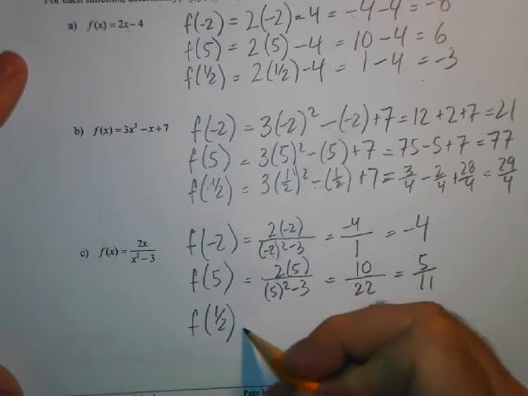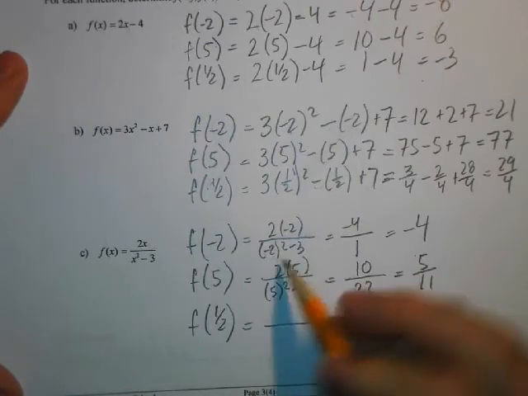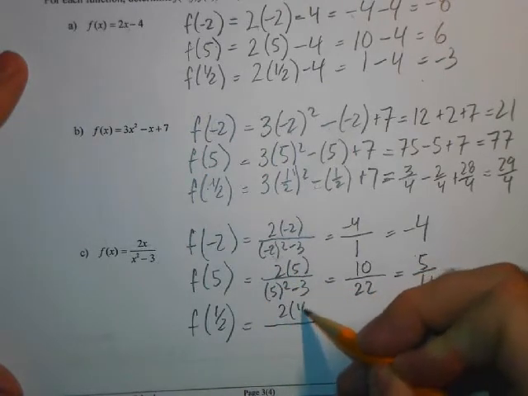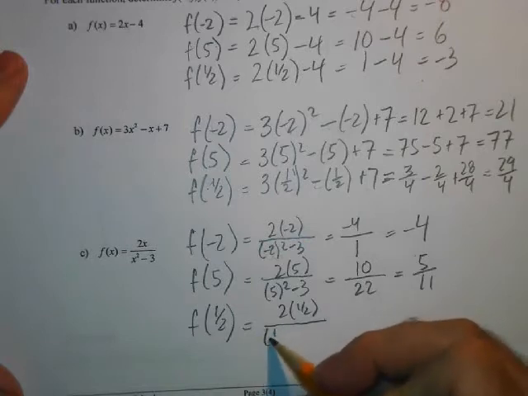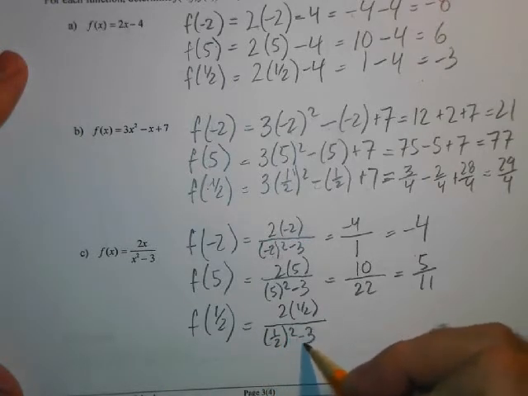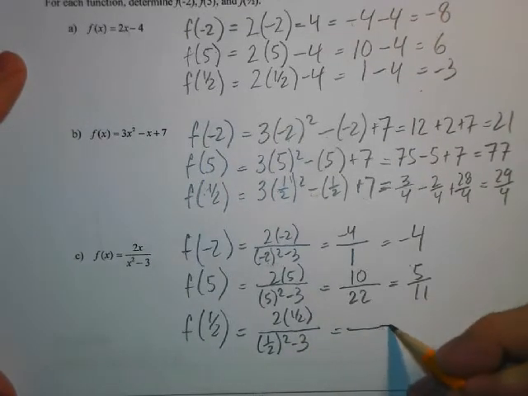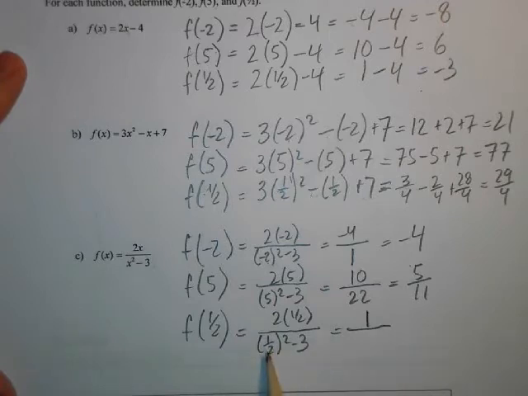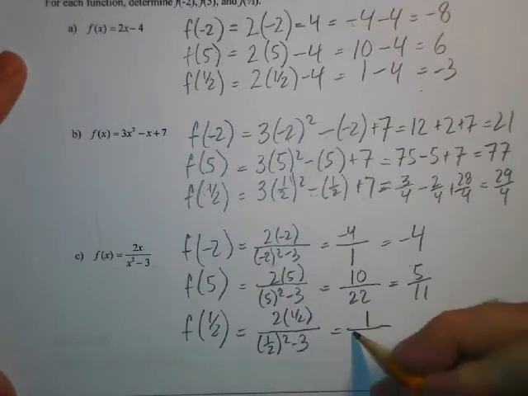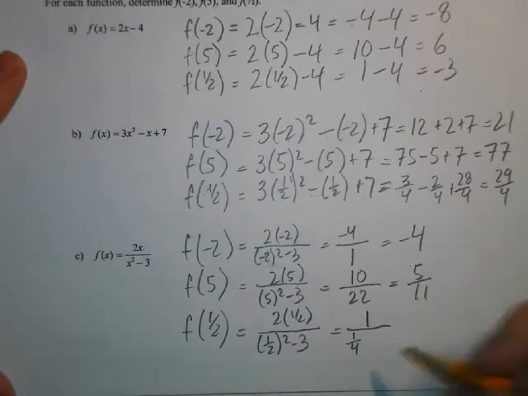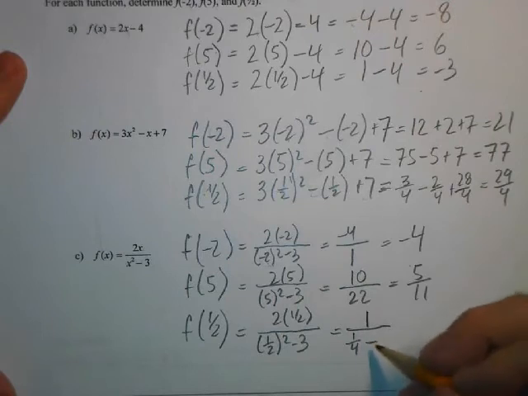All right, and then the last one, f of 1/2. This one's going to be a little trickier. On the top, we've got 2 times 1/2. On the bottom, we have 1/2 squared minus 3. 2 times 1/2, that's nice and easy, that's 1. And here it gets tricky. 1/2 squared, like we had up here, that's 1/4. And then minus 3. Just like I did before, let's change the 3 to something over 4. That would be 12/4.